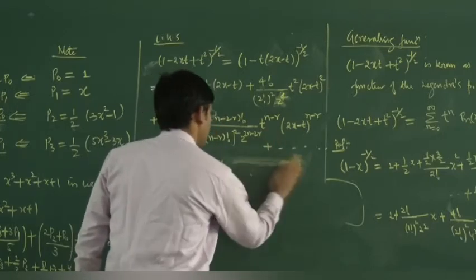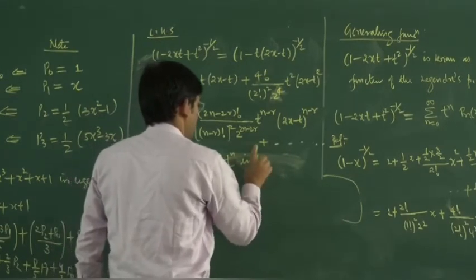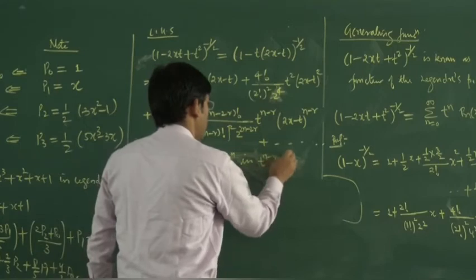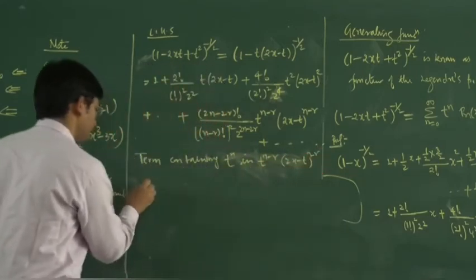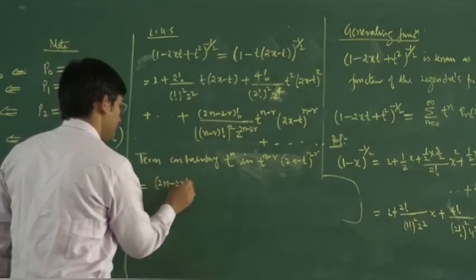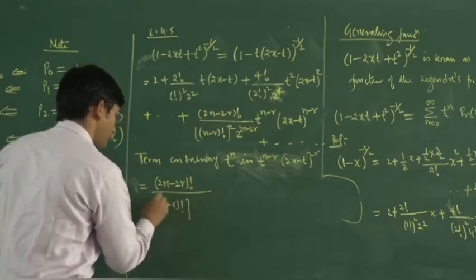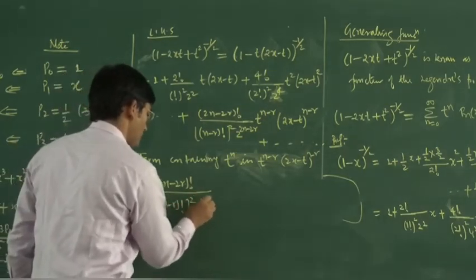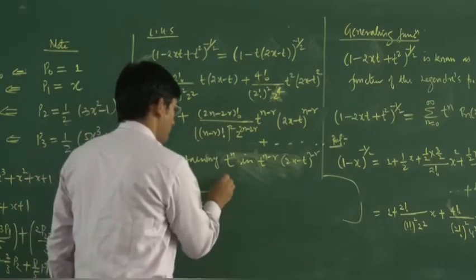So the term containing t power n in t power n minus r into (2x minus t) power n minus r is equal to, now this will be factorial 2n minus 2r upon factorial n minus r whole square. Then we have 2 power 2n minus 2r. Now here we have t power n minus r.